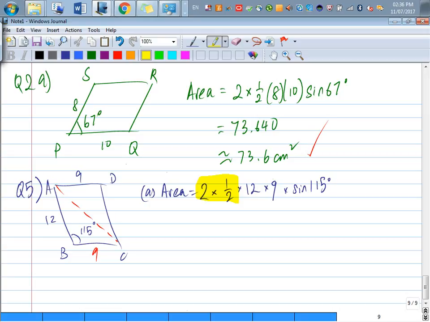Okay, so the area is given by this, and we have 97.8812, 5 SF, 97.9 square centimeters. Okay, so next part, find the perpendicular distance from B to AD. What is this length that they are looking for?